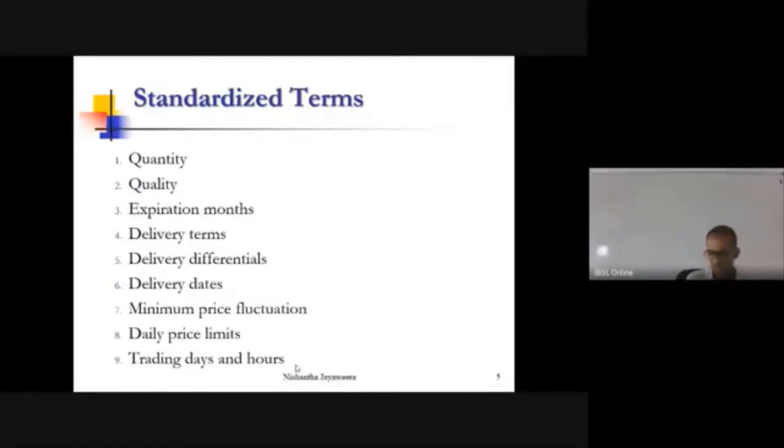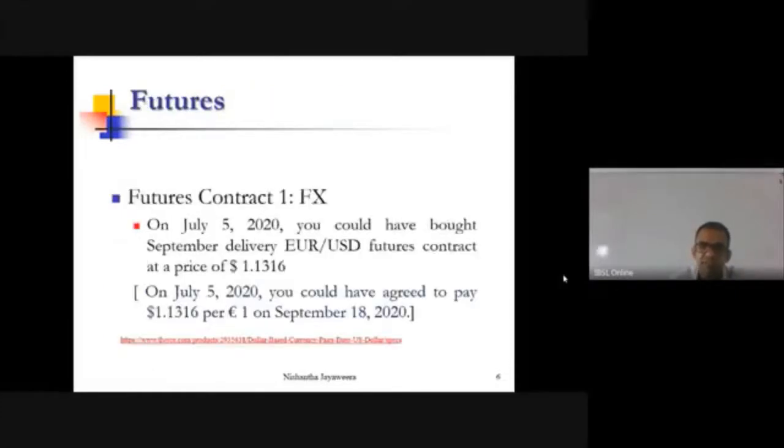Not only that, in the expiration months, they define a date called the last trading date. So you cannot trade that future after the last trading date, though the delivery date may be a few days after the last trading date.